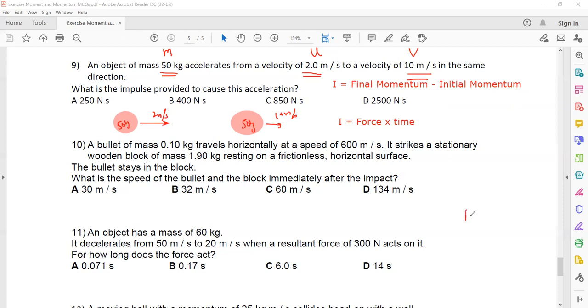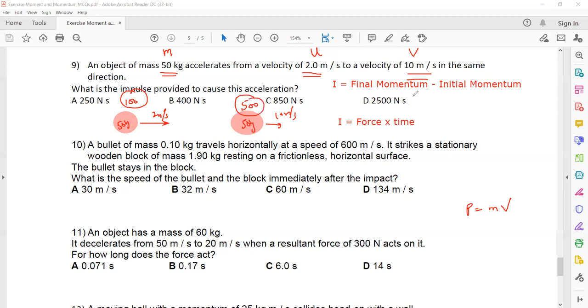To get the momentum, the formula of momentum, denoted by P, is equal to m into v. Mass is 50 and the velocity is 2. So 50 multiplied by 2. So starting momentum is 100. And the final momentum is 50 multiplied by 10, that's equal to 500.